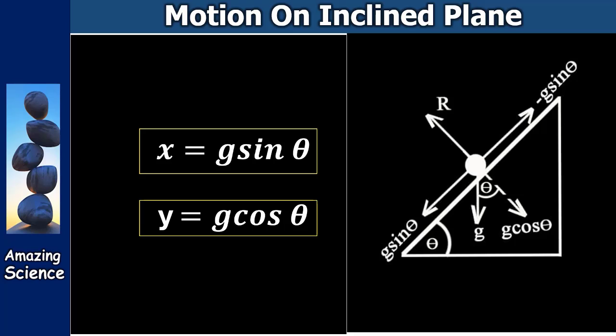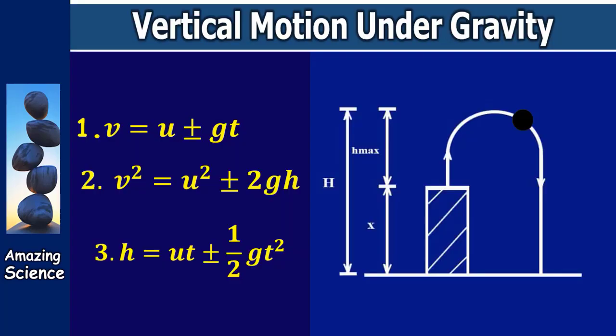At this point, we wouldn't need the g cos theta, and so we will reserve it when we are talking about forces in general. Now let's proceed to describe the motion of a body on an inclined plane. We can do that by using equations. Here let's visit the equations for describing vertical motion under gravity.